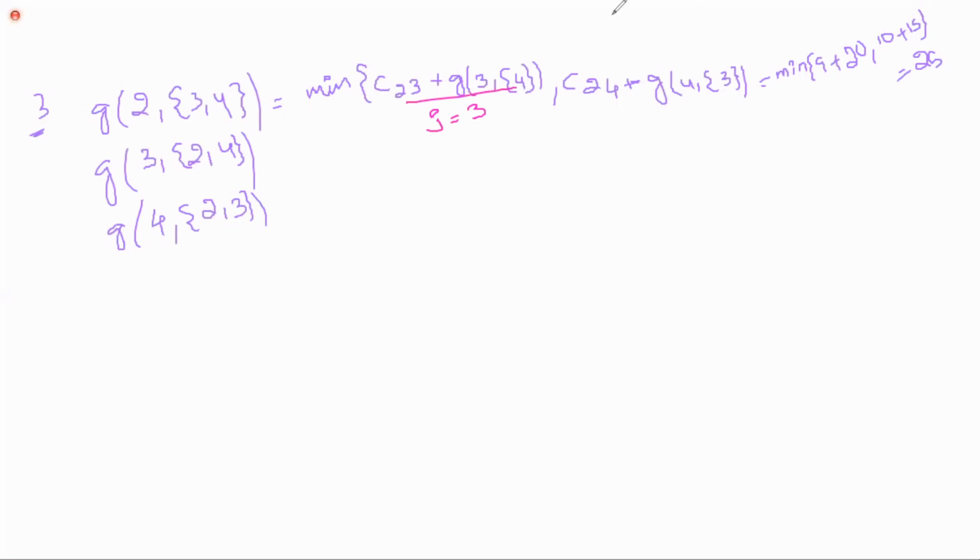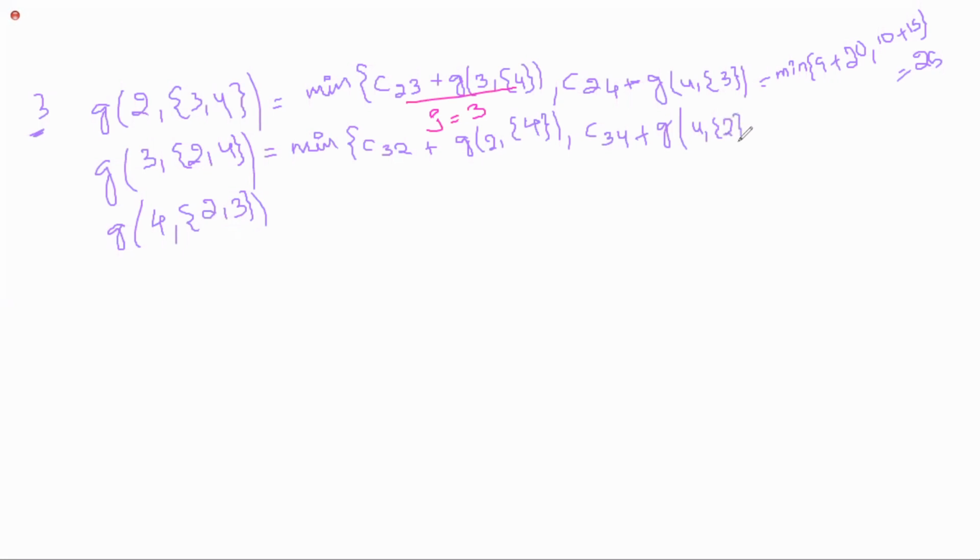Yes, ma'am. Okay, next step is minimum of C32. First I'm assuming my J is 2 because in the set we are having 2, 4. So first I'm assuming 2. When I assume 2, the remaining one will get, which is equal to 4. 2 comma 4, right? Next comma C34 plus G of 4 comma 2.